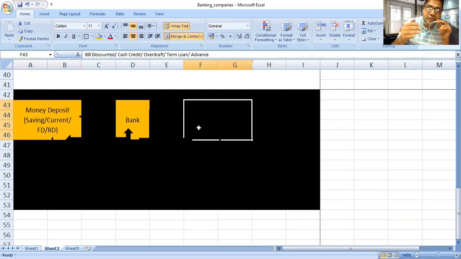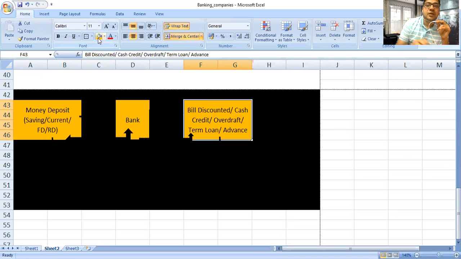Now, another basic activity of the bank is that they give loans, to the customers, not to a bank. They will give loans to customers, outsiders, by way of bill discounting. Sometimes they will give cash credit to the businessman.